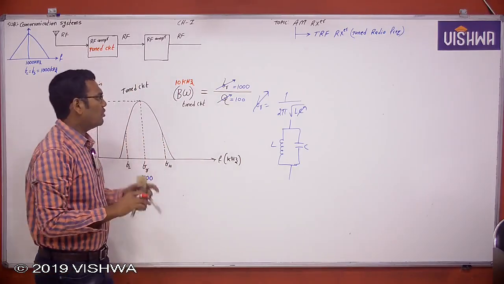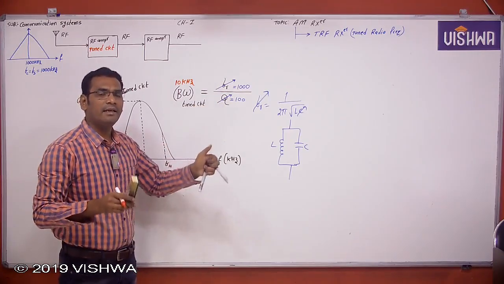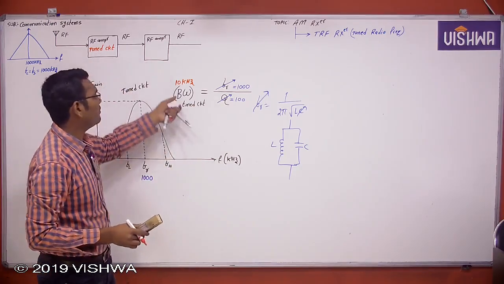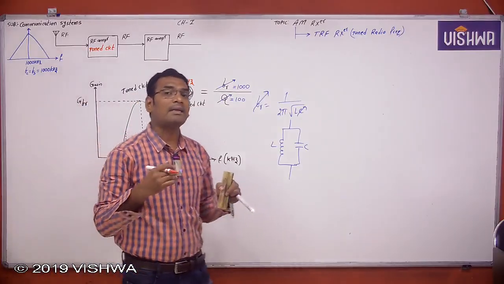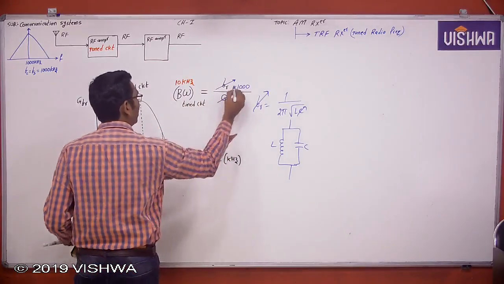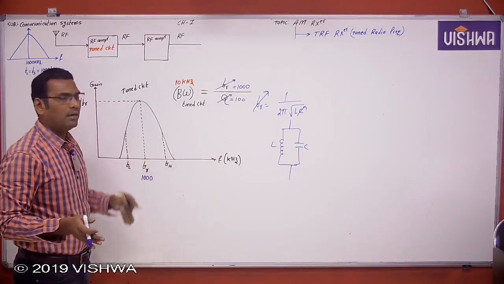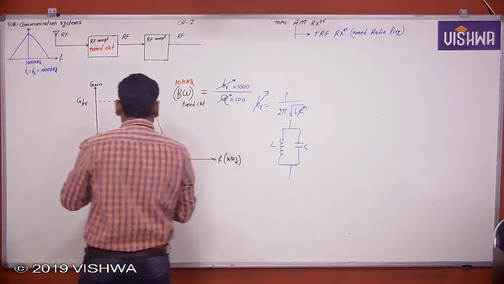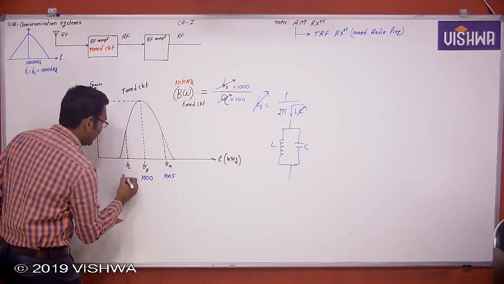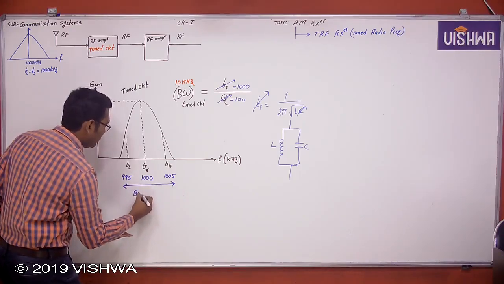The resonant frequency as well as the quality factor are simultaneously adjusted in order to maintain the tuned station bandwidth at 10 kilohertz. Otherwise another signal will come in. Then the receiver will open a gate from 995 kilohertz to 1005 kilohertz. This is the sideband, and the bandwidth is 10 kilohertz.